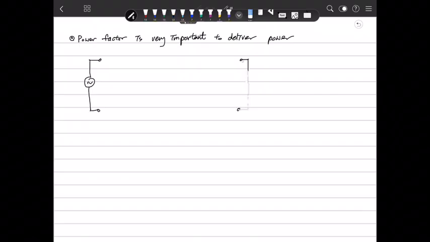Anyway, generally the load is inductive. That means there are some resistor and inductor in this way here, the R and L. To transfer the power, the grid corporation, such as Hanjeon, makes the transmission line.